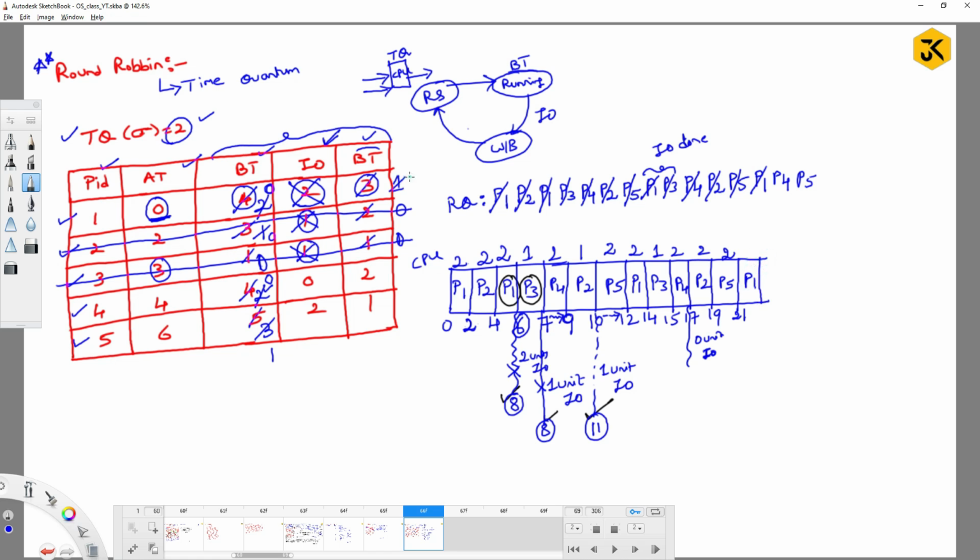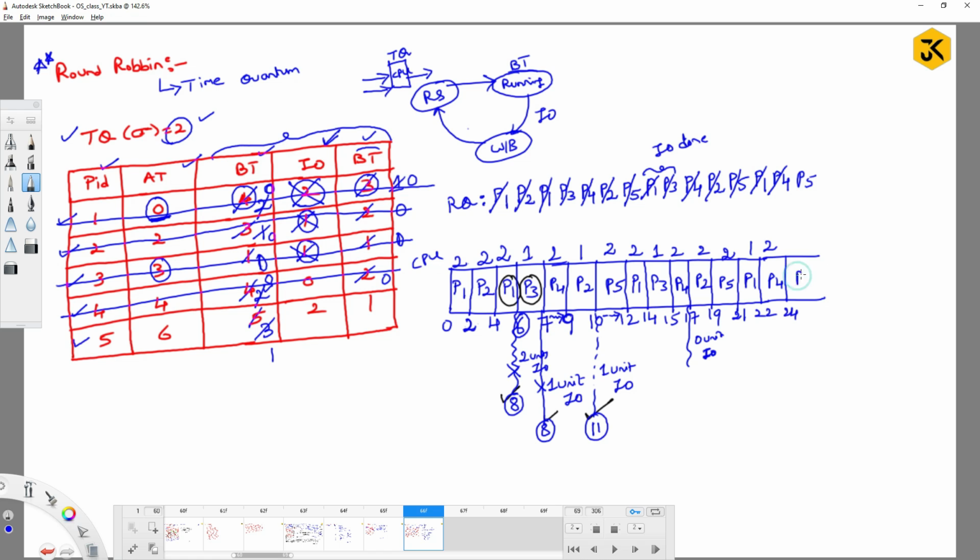P1 will execute for 1 unit of time and will complete by 22. I cannot add it back because it has completed its operation completely. Next, we will give the chance to P4. P4 will execute for 2 units of time and complete by 24, which means now P4 is also done.